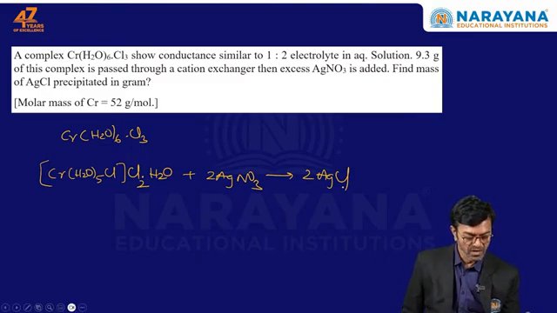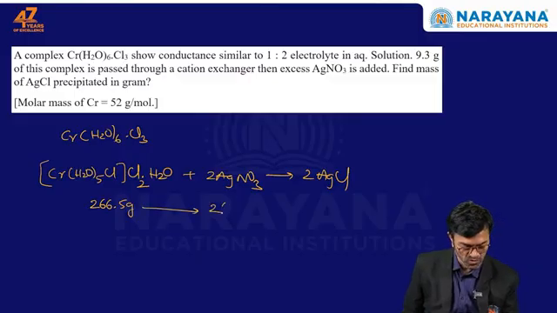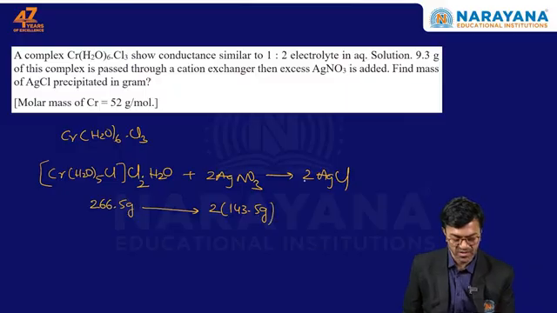As per the molecular formula, the molar mass comes out to be 266.5 grams. That precipitates 2 into 143.5 grams of AgCl. 143.5 is the molar mass of AgCl.